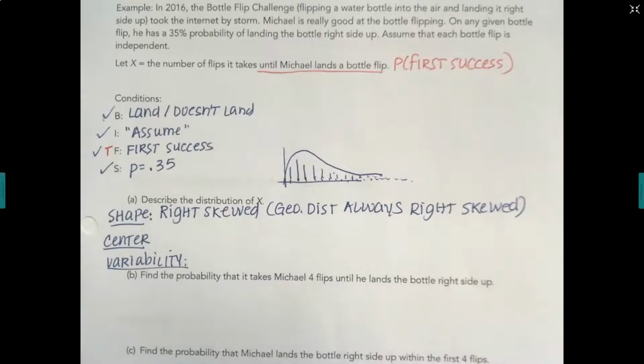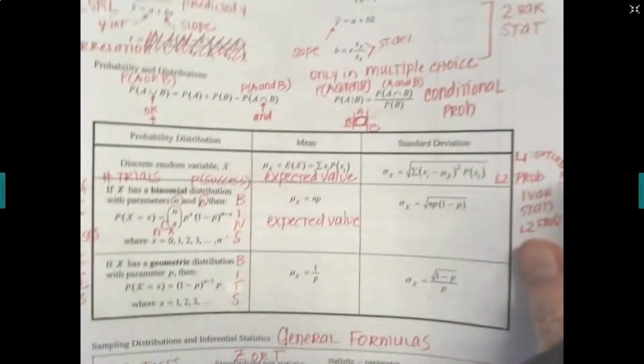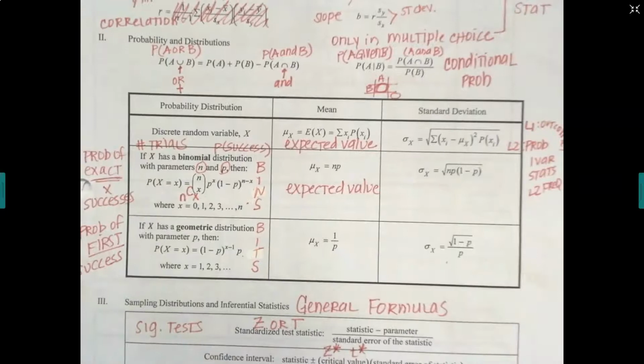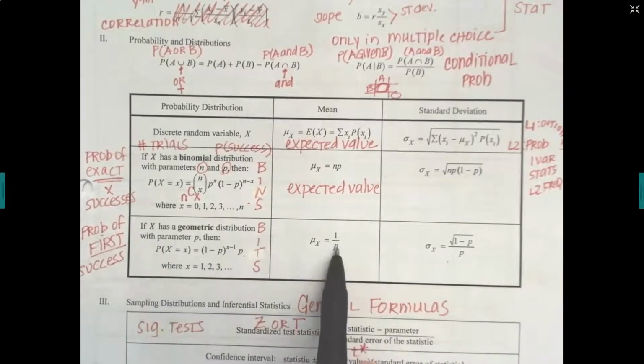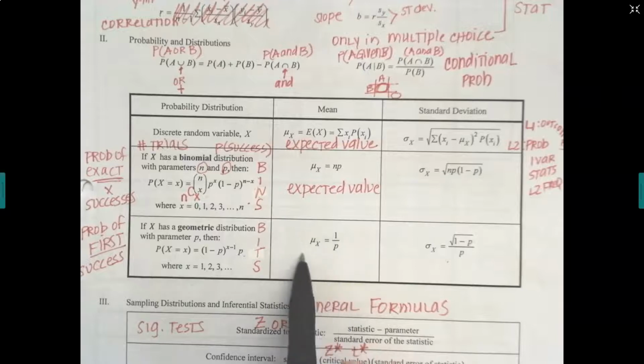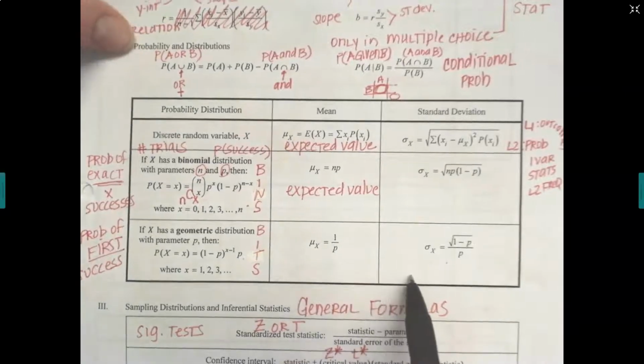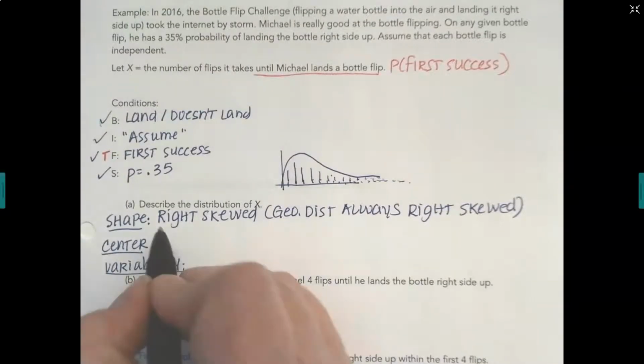Okay, now define the center. Well, I'm talking about a geometric distribution, and I know on my formula sheet we have a section that talks about geometric distributions. So when I look at my formula sheet, here it is, geometric distributions. The center will be the mean, and there's the formula for it. So I'm just going to take that information and plug it in.